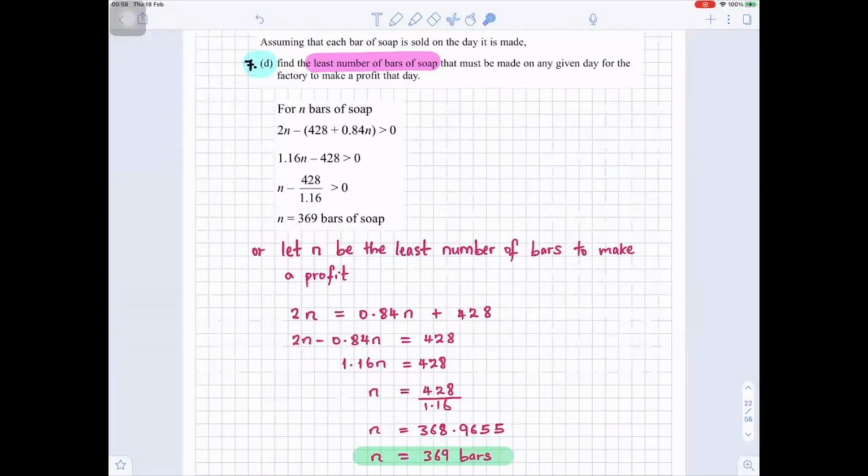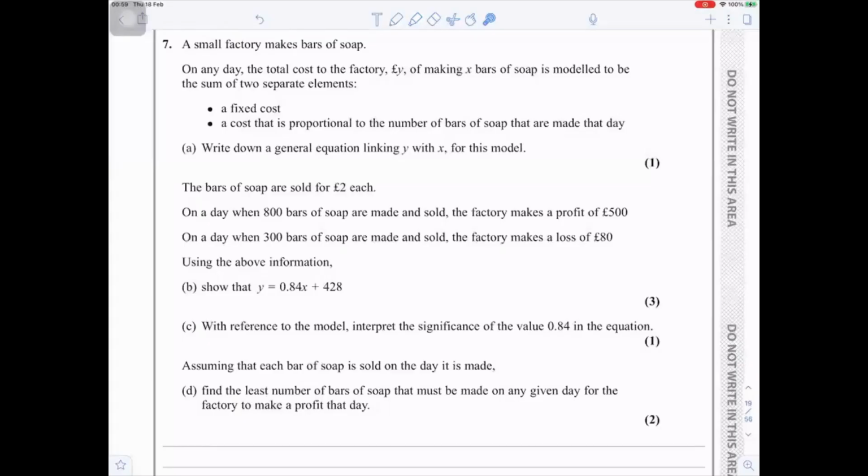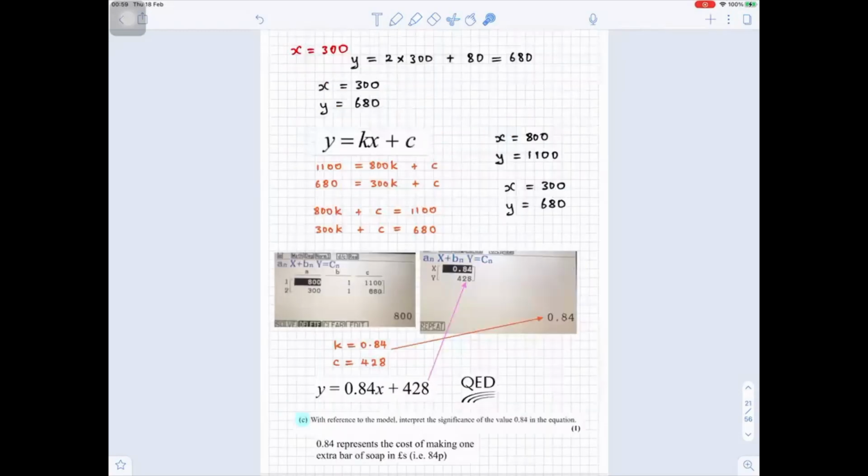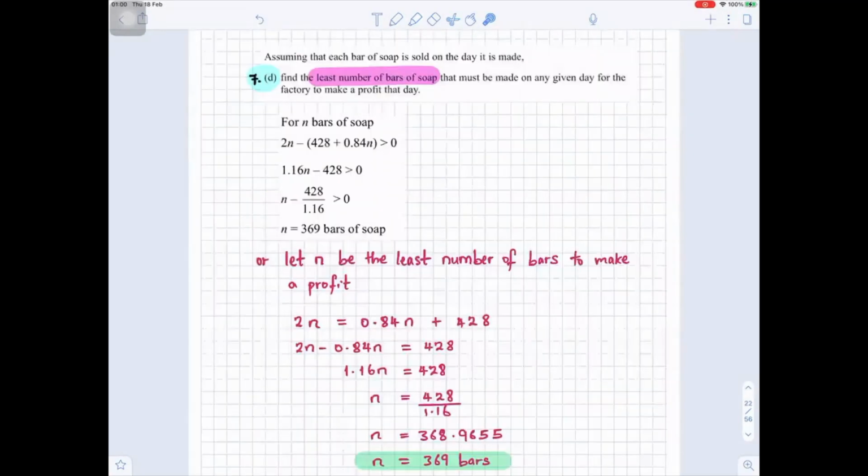It gives you 368.9655. And you cannot have 0.9 of a bar of soap, so you got to round to 369 bars. That's question 7. Question 7a and part of b. That's the rest of question 7b and question 7c and question 7d.